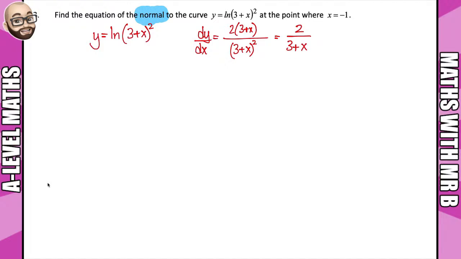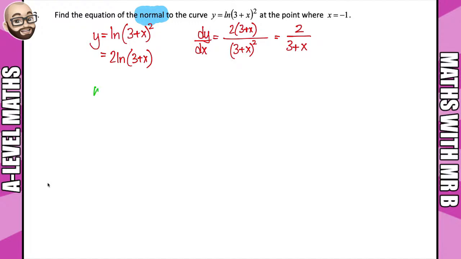And we could have actually done that in a few different ways. Like I said, I could have multiplied it out. I could have written this as 2 ln of 3 plus x, and if I did that, that means I'd get 1 over 3 plus x times by 2, which gets us the same answer as well. Right, so we need to work out the equation of the normal. So we need some numbers first of all.